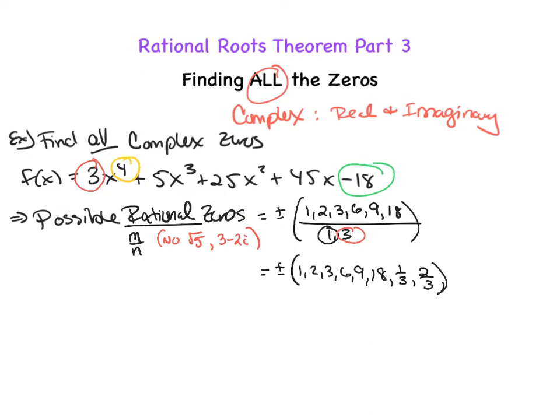And then from this list, we're going to pick numbers and use synthetic division to see when we get a remainder of 0. Once we get a remainder of 0, we have a hit. We know that we have a zero for our polynomial.